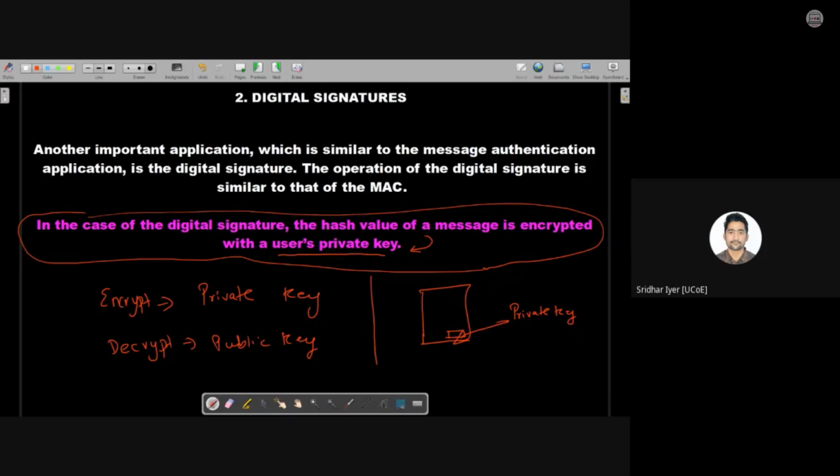I am trying to authenticate the sender. So if I'm trying to verify the sender, what should I do? The sender has to encrypt the message with his or her private key, and the receiver obviously has the public key of all the users present in the network. Yes or no? Public key means everyone knows everyone's public key, right?